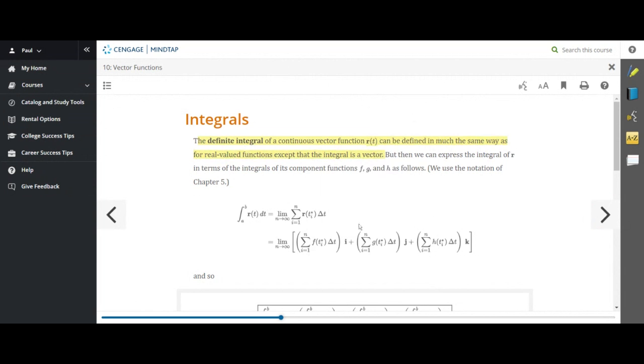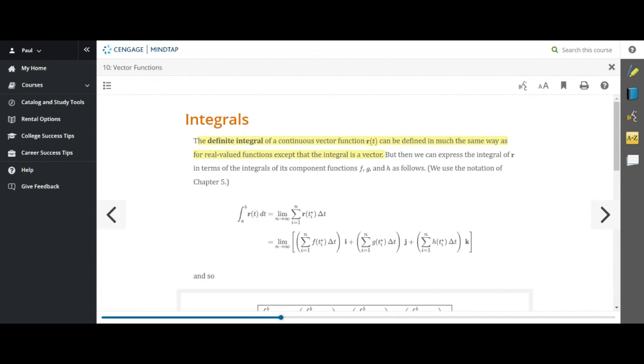Okay, so the definite integral of a continuous vector function can be defined in much the same way as for real valued functions, except the integral is a vector. And just like when you took the derivative of a vector function, you found the derivative vector, or the tangent vector, by taking the derivatives of the components of the vector.